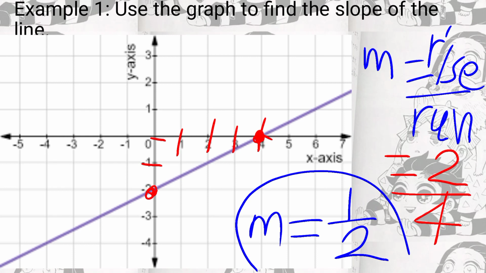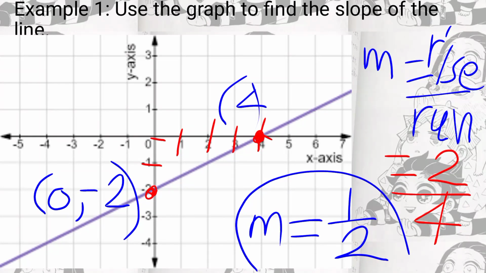Okay, let's check if our slope is correct by applying the formula for slope given 2 points. Since we used the y-intercept -2 and the x-intercept +4, the coordinates are 0, -2, and 4, 0.